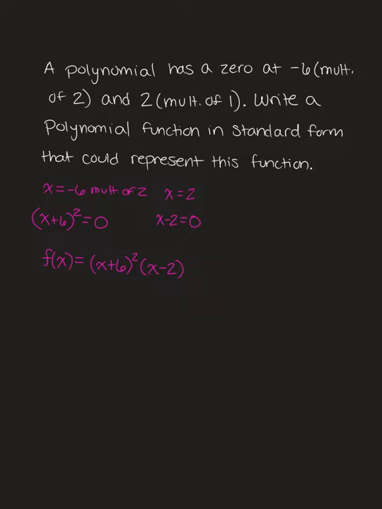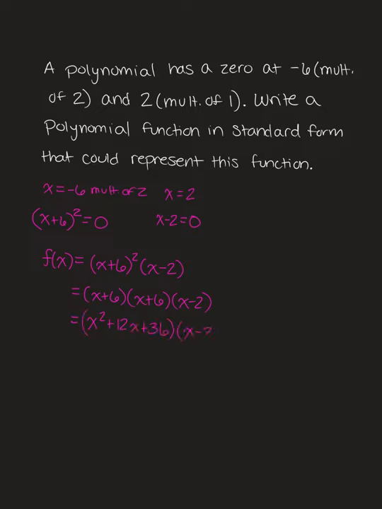Now they want this in standard form, so I have to multiply this all out. Okay, so I have (x + 6)(x + 6)(x − 2). So if I multiply, I need to FOIL. If I FOIL (x + 6)(x + 6), this is what I get: x² + 12x + 36.